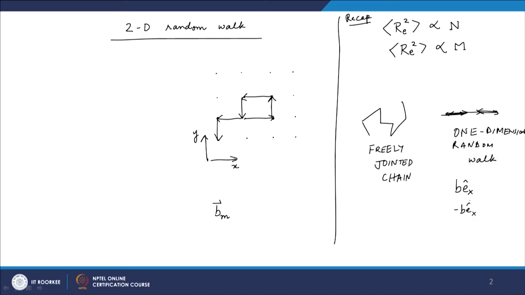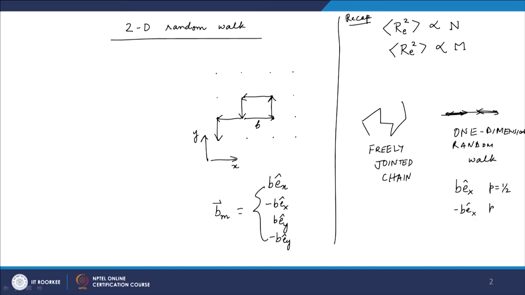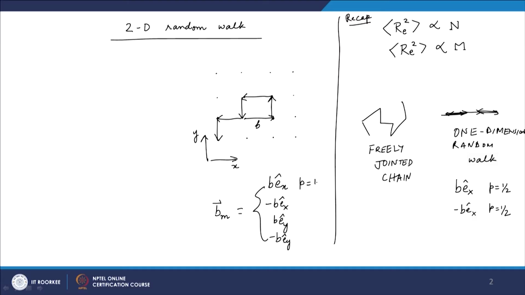Now it can be in any of the available 4 directions, where Ex and Ey are the unit vectors in x and y, and b is again my segment length or step length. Again, as the assumption we made, the probability of each of these to happen was equal. There were 2 possibilities, so p was half in each. Now in this case, p will be 1/4 in all these cases.